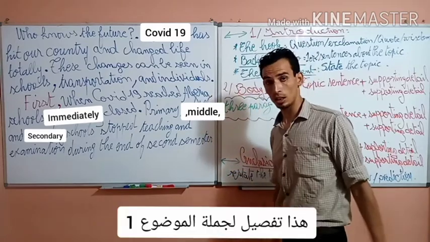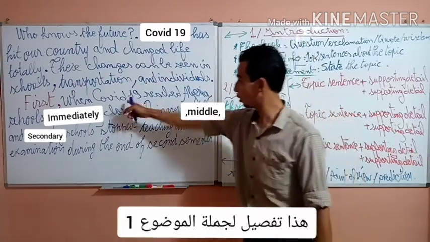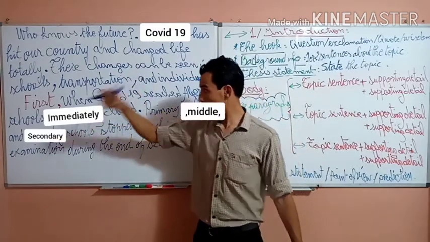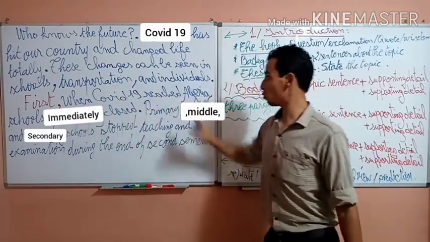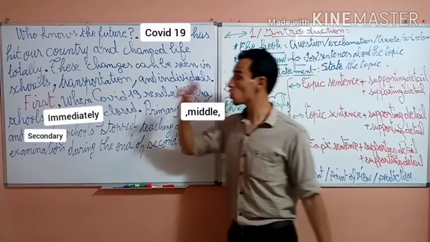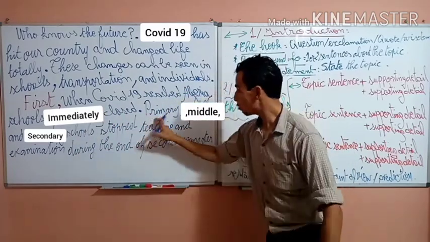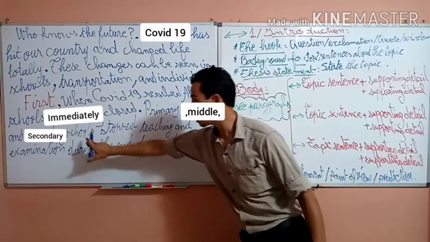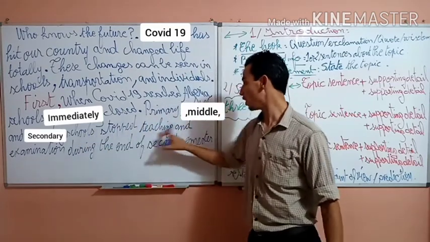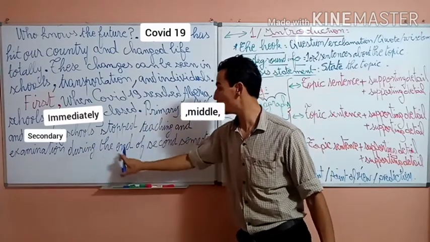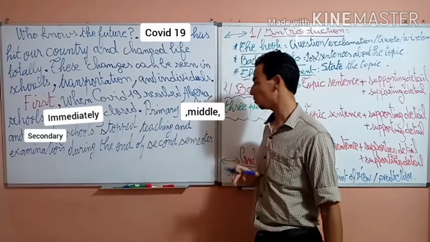This is supporting detail, okay, to topic sentence number one. When COVID-19 reached Algeria, schools immediately closed. How? Primary, middle, and secondary schools stopped teaching and examination during the end of second semester.